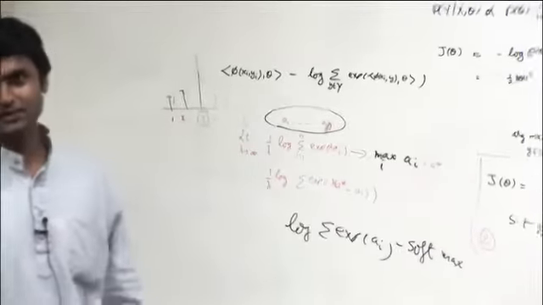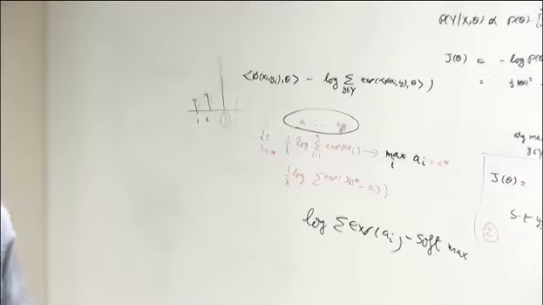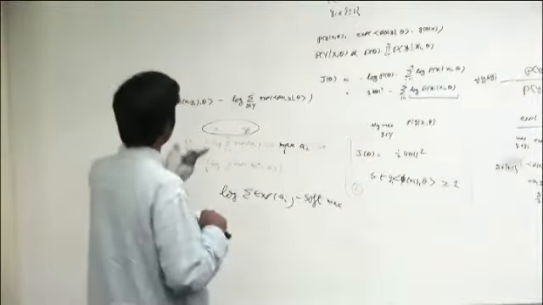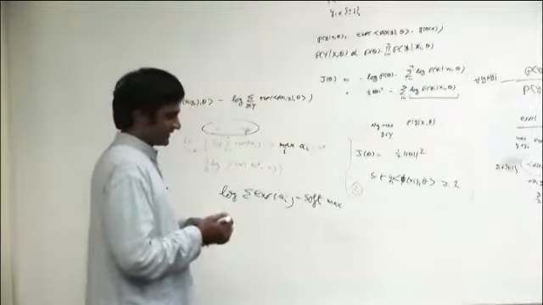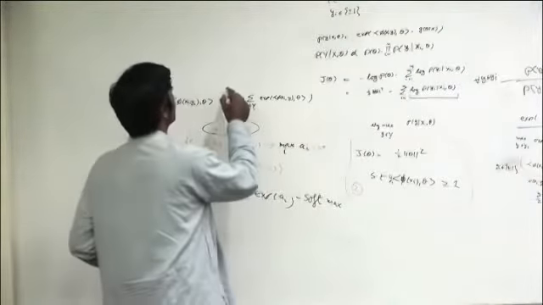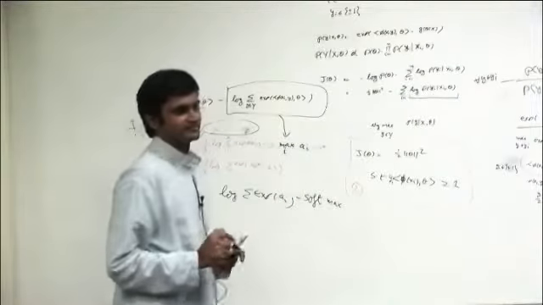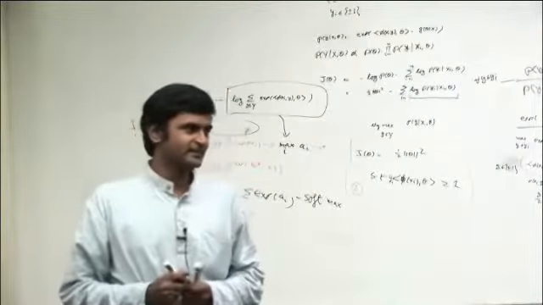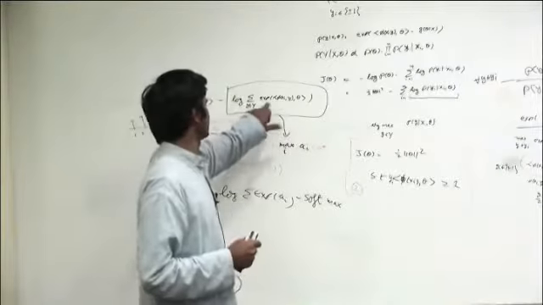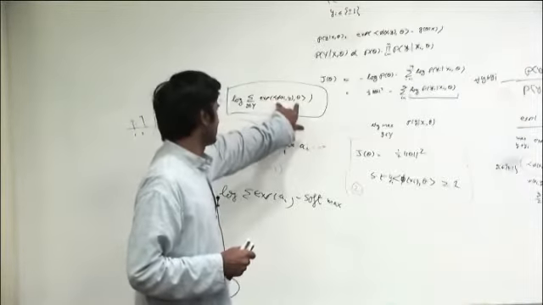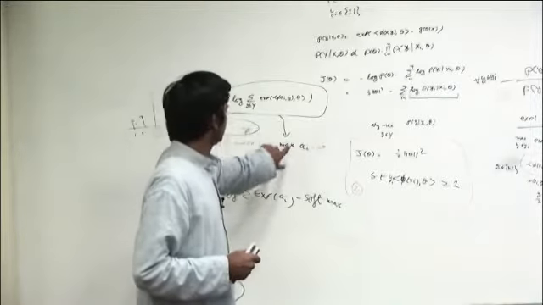Another viewpoint of relating SVMs to logistic regression is to say you take the log likelihood, but then you replace this log partition function by a limiting function. In the limit, this log of the sum of the exp, which is the softmax of phi of x_i, y times theta, will go to the max.